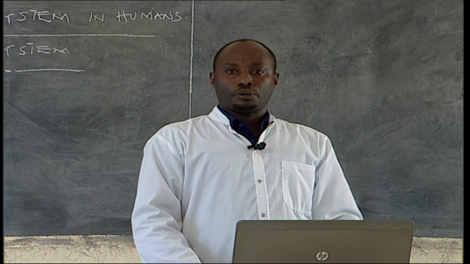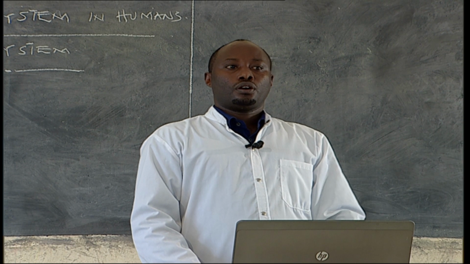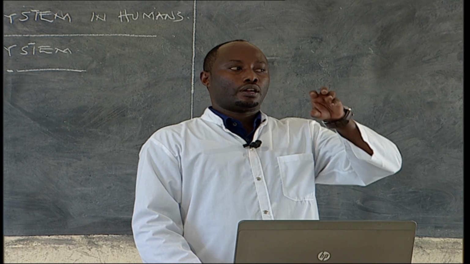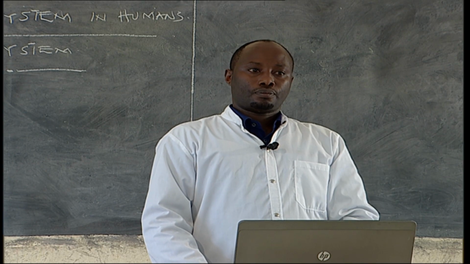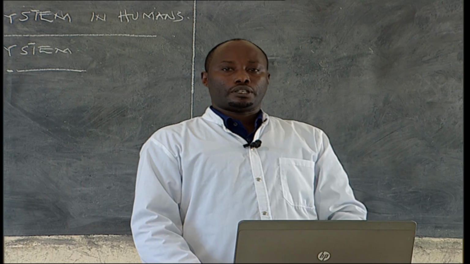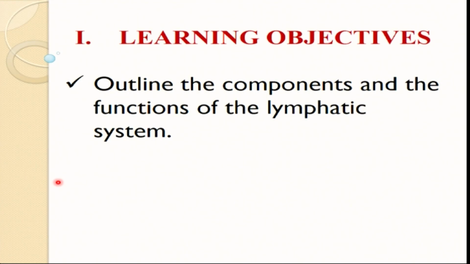The lymphatic system can do that function. Not only that, the lymphatic system contains lymphocytes. What are lymphocytes? Lymphocytes are very important in protecting our body against infection, disease-causing agents, bacteria, viruses, etc.